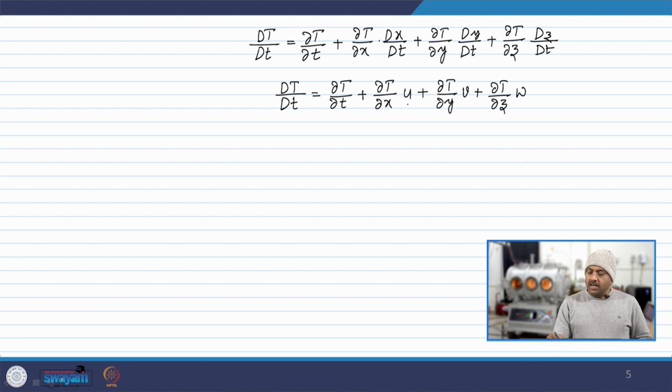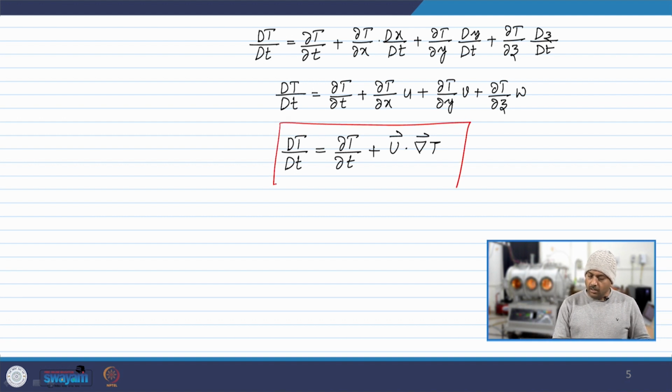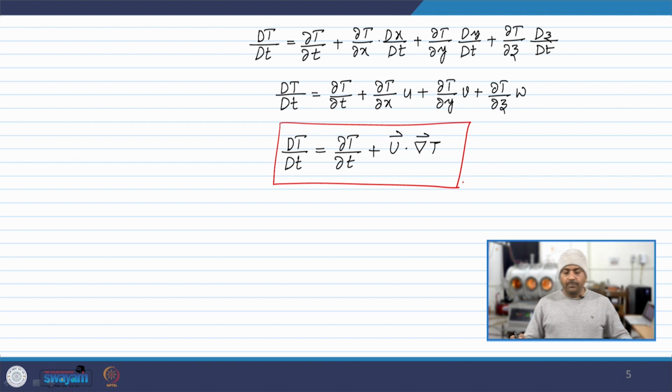Right. So, we have this. So, dx by dt is u; u, v, w are the velocity components along the 3 directions. We can simplify it by using the gradient and say that dou T by dou t will remain as it is plus u dot del T. So, this can be written using the gradient like this.